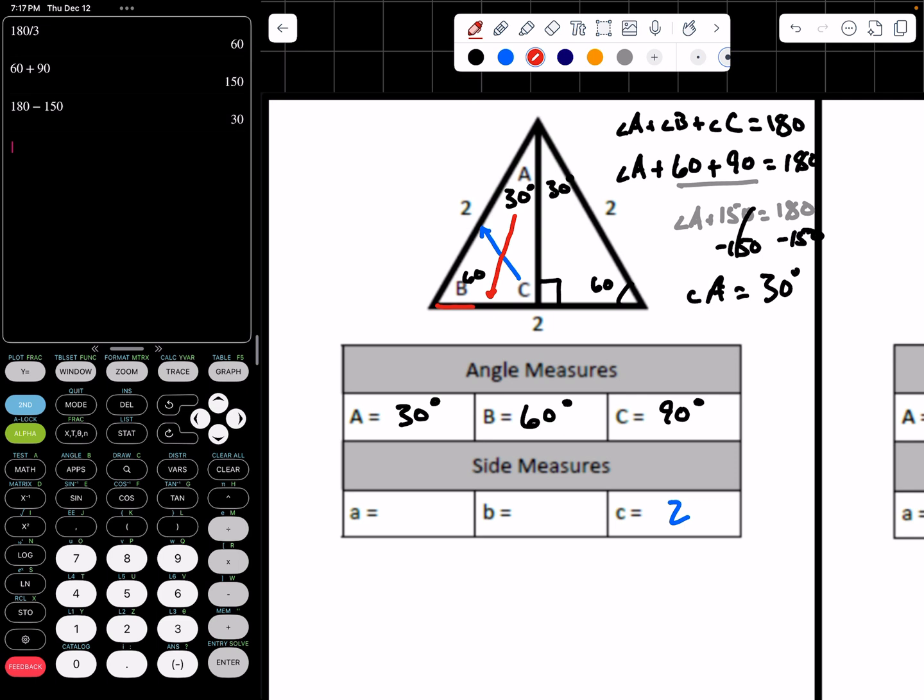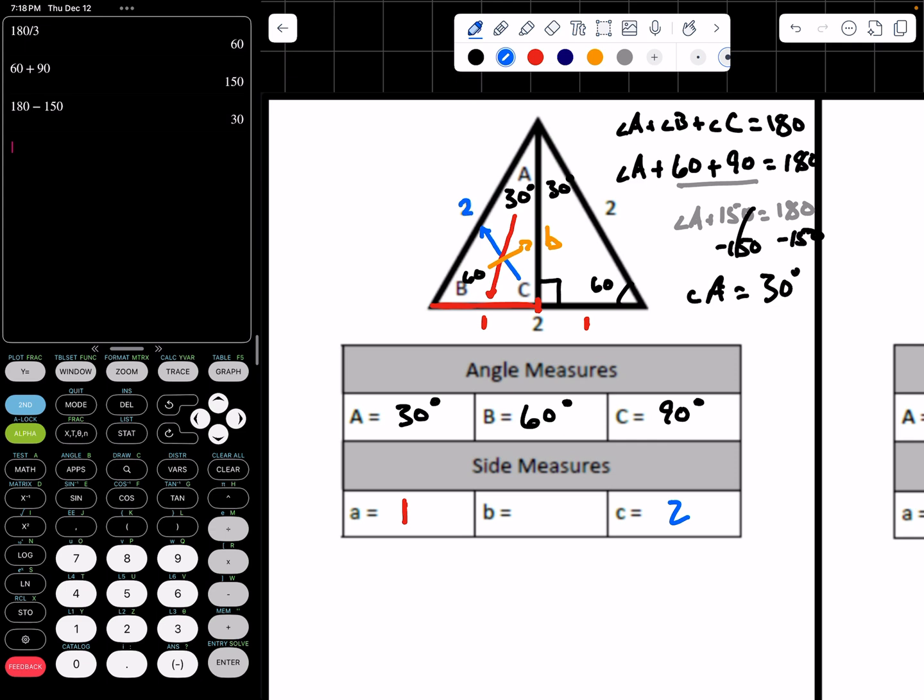Well, this piece right here is going to be halfway across this equilateral triangle base, which makes this one and this one. I only need to know the left-hand side. Little a is going to be 1. And what I'm looking to do here is solve for little b. So I've got 1, I've got 2, and I've got little b that I'm looking for.